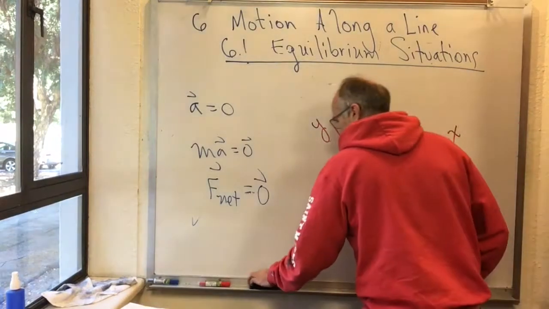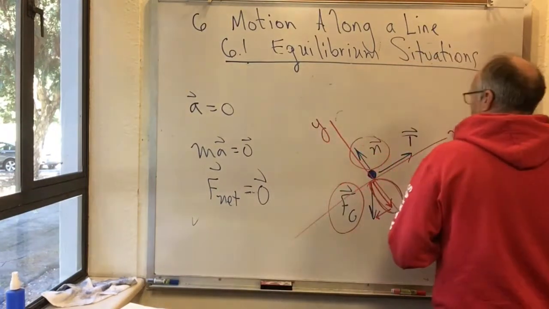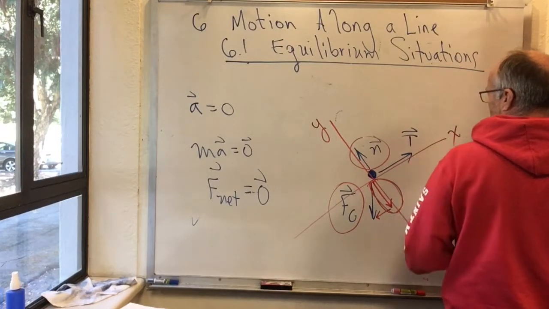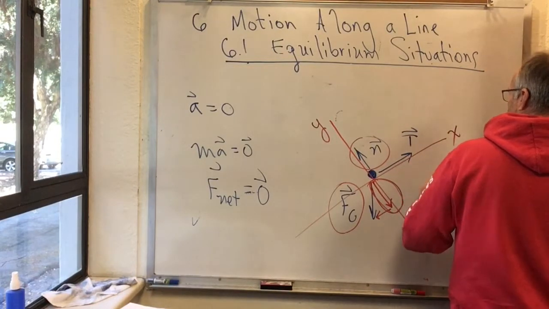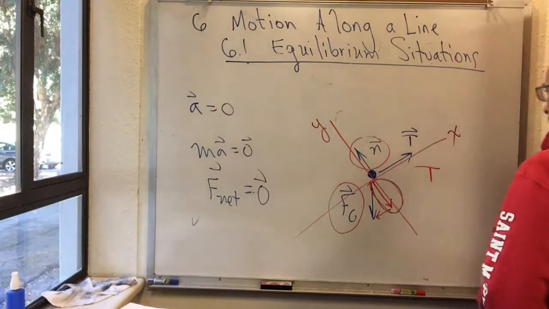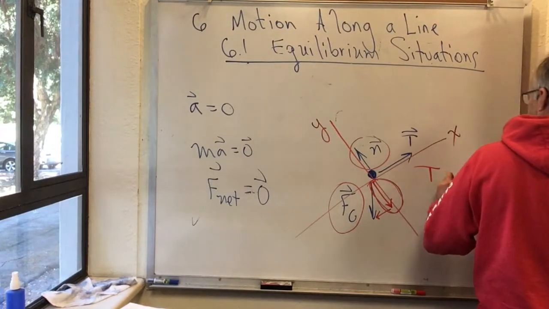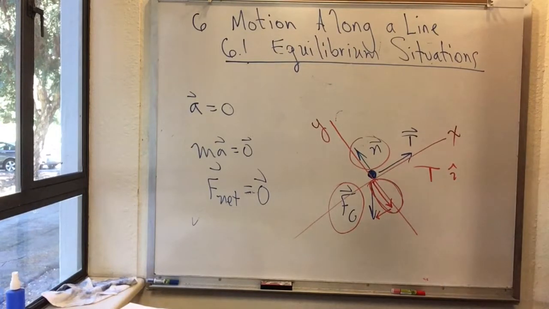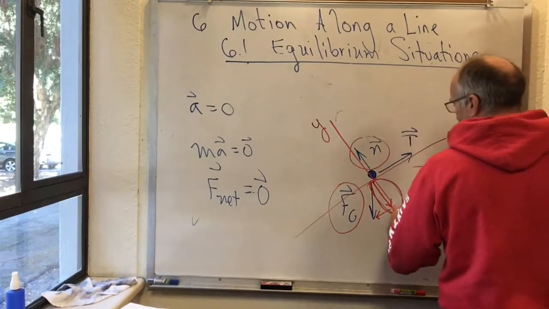What's left? Well, this vector here that I've labeled t has some magnitude, which I can call t, multiplied by something in the i hat direction.